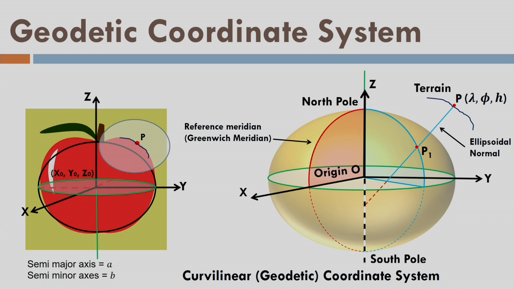Remember, the observer's meridian is the circle or ellipse passing through the north pole, south pole and the projection of the observer's point on the ellipsoid. All these meridians defined on the surface of the Earth, the reference meridian or the observer's meridian, are called terrestrial meridians.